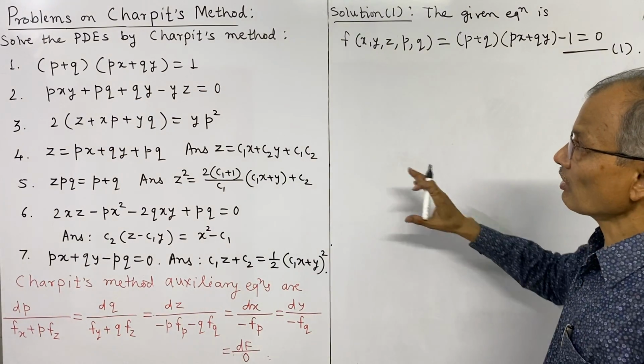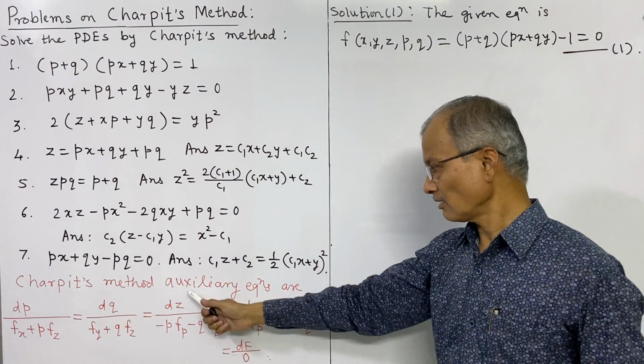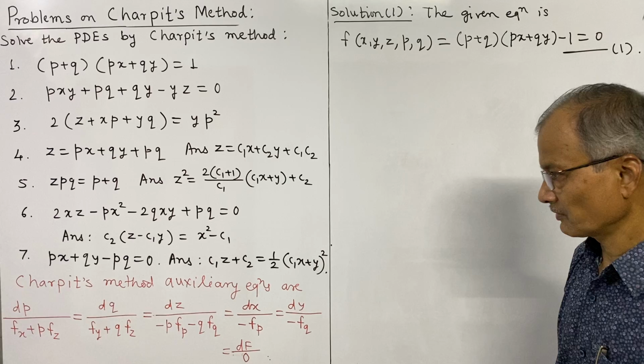Now further we want to use Charpit's method, and therefore we have to write the auxiliary equations of Charpit's method.